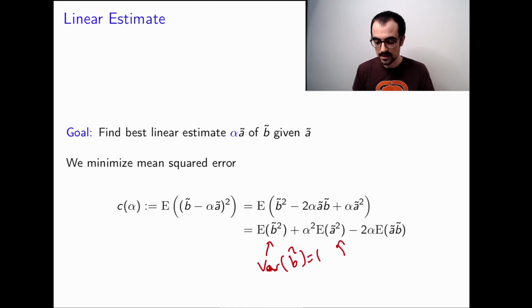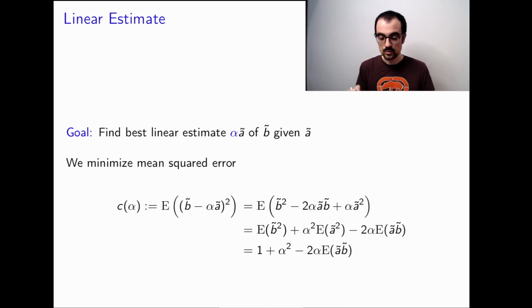And by the same argument, the mean square of A is also equal to 1. So we get an expression here, which is a quadratic function of alpha. The mean squared error of this linear approximation of B given A is this quadratic function of alpha.